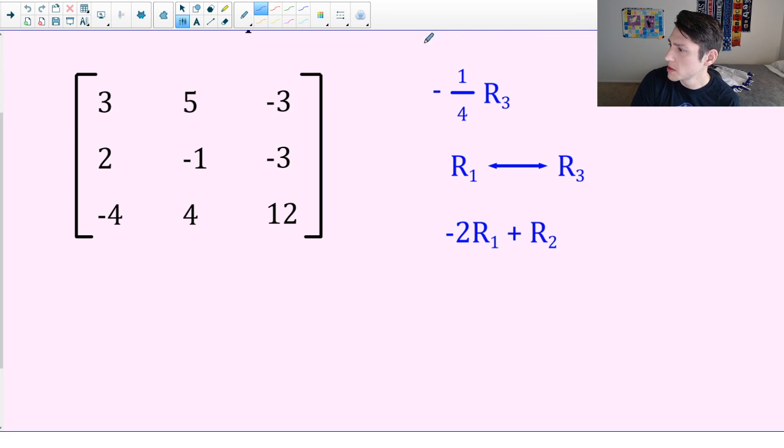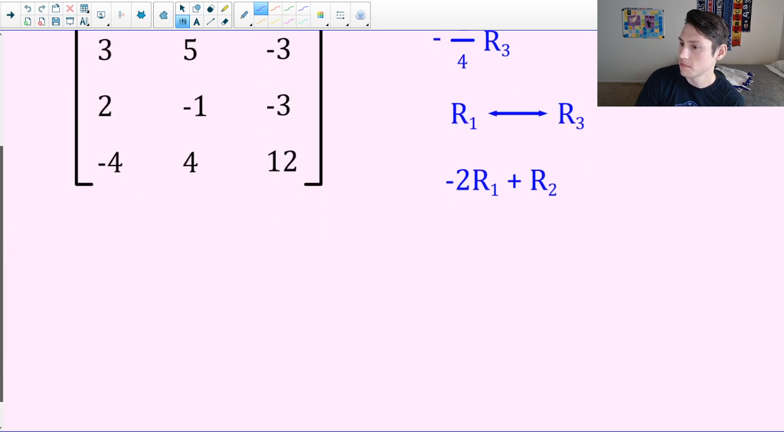First operation, -1/4 times row 3. Remember, when people see multiplying by a fraction like 1/4, they get freaked out about multiplying by fractions, but it's not a big deal. For a nice fraction like this, where it's just 1 in the numerator, basically we're just dividing by -4.